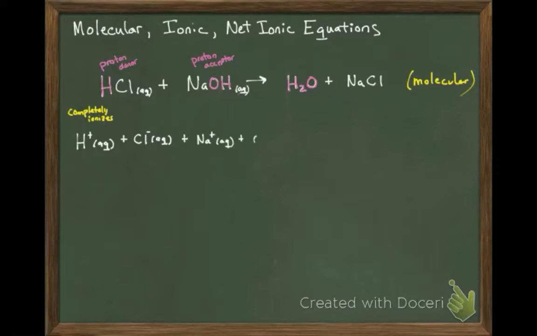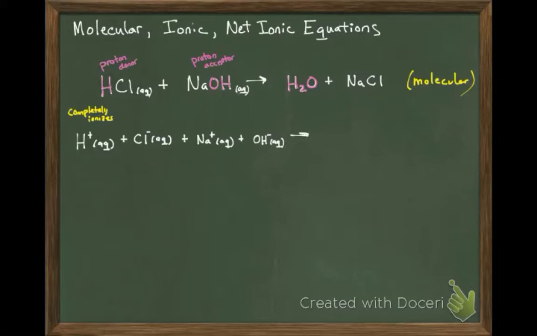It will separate into Na+ and OH- ions. So actually in aqueous solution, this is a little bit closer to reality. Remember that we don't really have free ions. They are associated with water molecules, like the H+, but for simplicity, we're going to represent them this way.